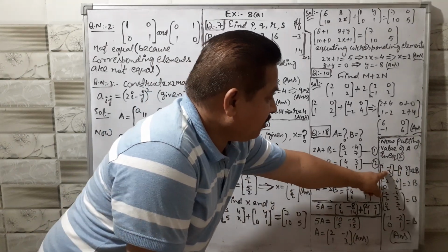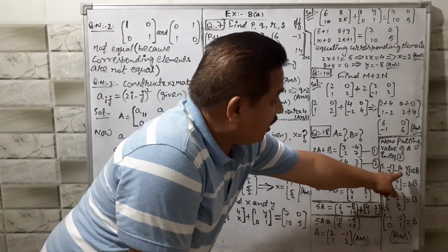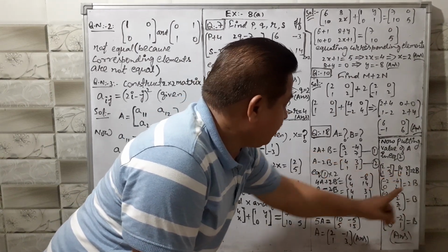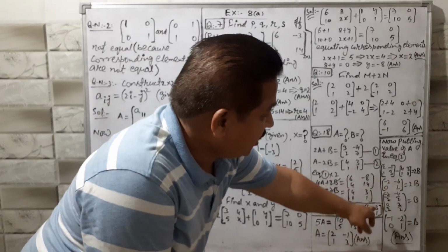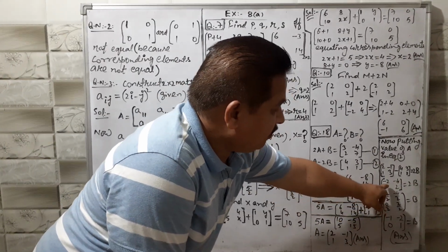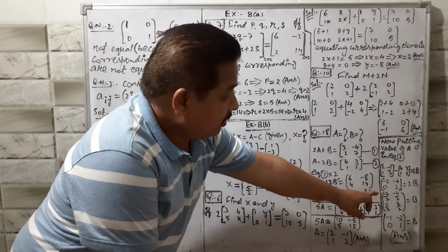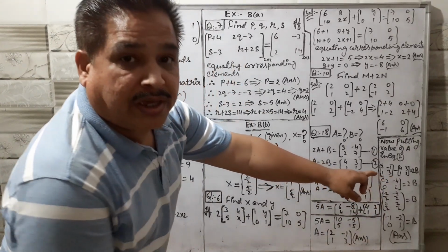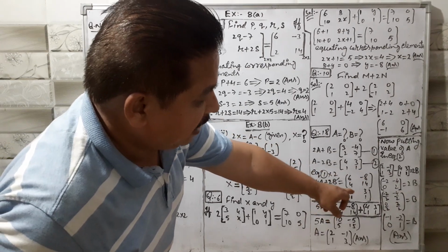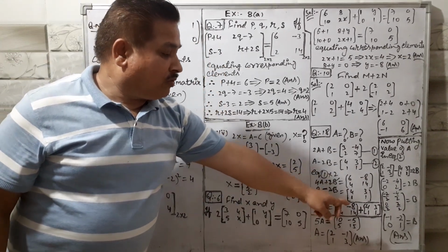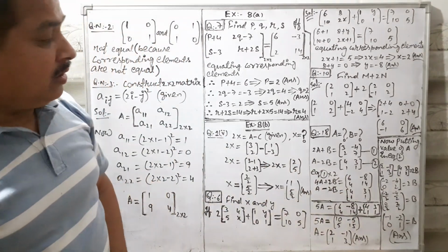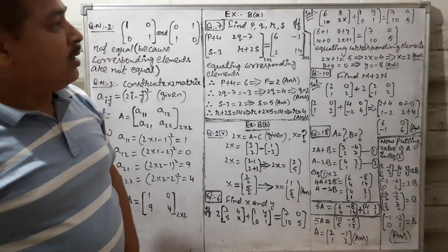So in place of A, write this A value, and this is the matrix, and it is equal to 2b. After subtraction, it will come like this. Remove the 2 from b, taking 2 under every element. So the b value will come minus 1, minus 2, 0 and 1. So that is the b value.